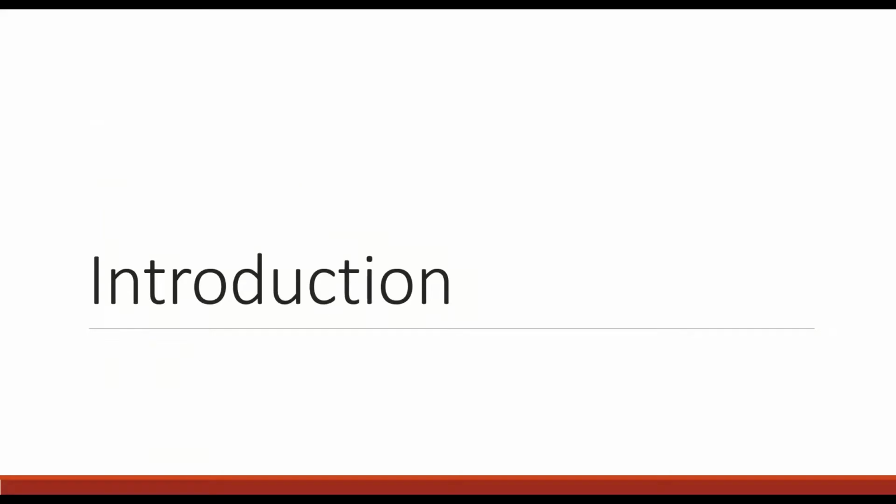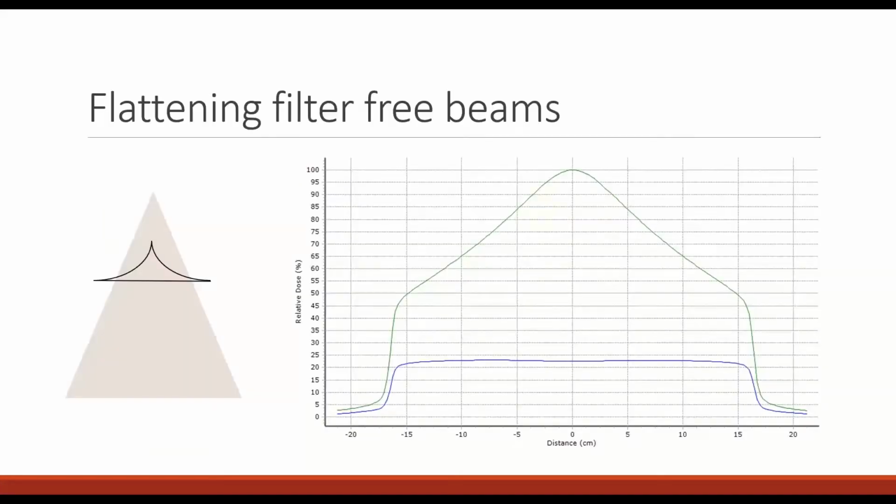Starting with the introduction. In the days of 3D delivery, the goal was to deliver a consistent dose over a few large fields. Flattening filters were used to improve the dose homogeneity across the field. On the left, you can see a schematic of the beam with the flattening filter placed to flatten it.